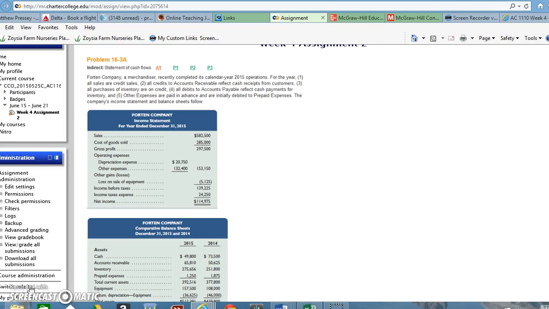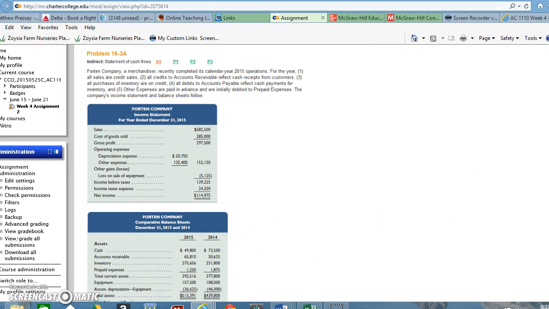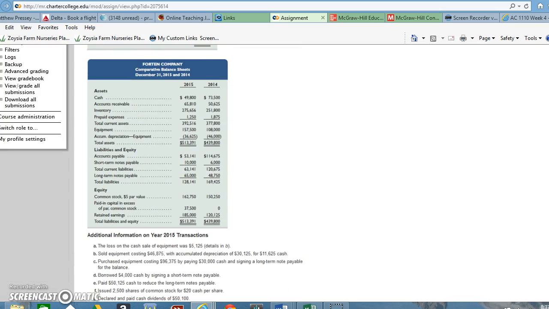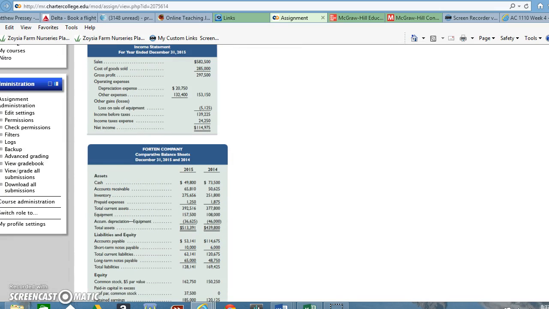Assignment 2, which you'll complete on your own and submit in Moodle Room itself, is actually problem 16-3A out of the textbook. It's very similar in a lot of ways to assignment 1, where you're taking these variables given the financials of the company.